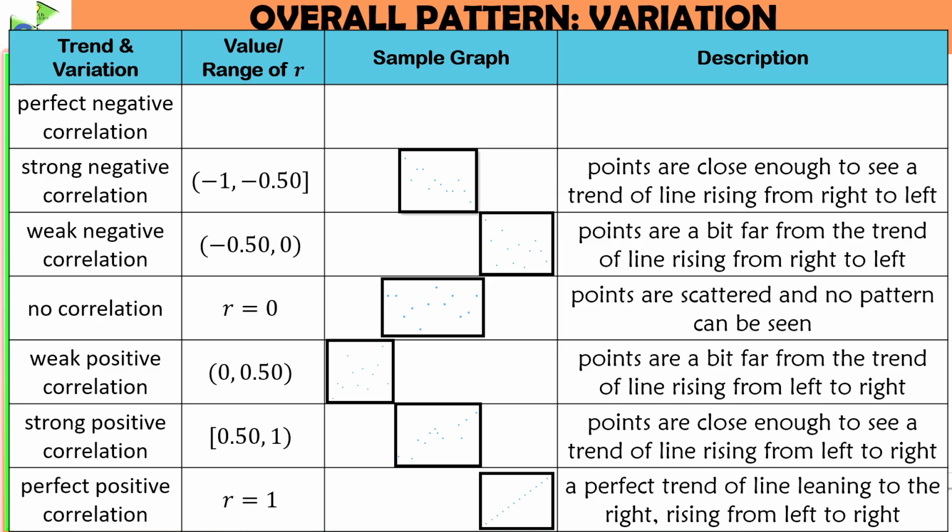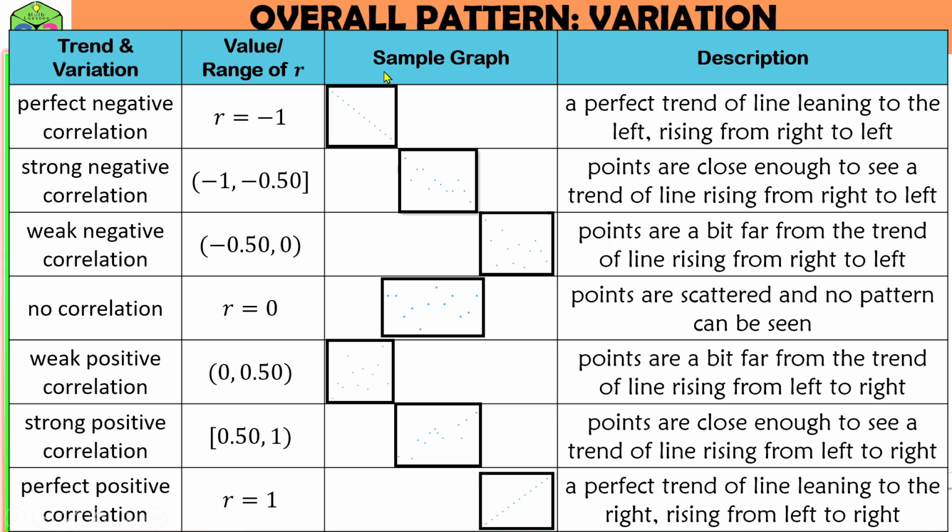And the trend of line is from the right going to the left. And if our r is equal to negative 1, that is perfect negative correlation. Here is a sample graph. So this, we have a perfect trend of line leaning to the left and rising from right going to left.